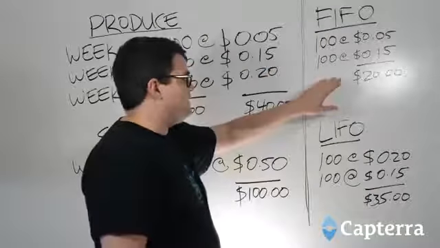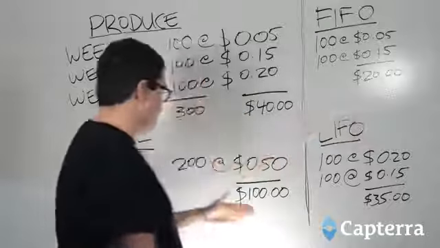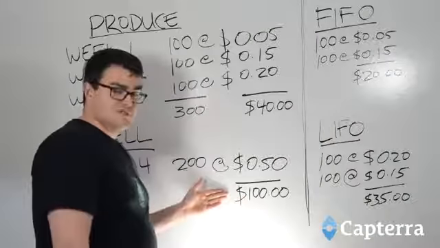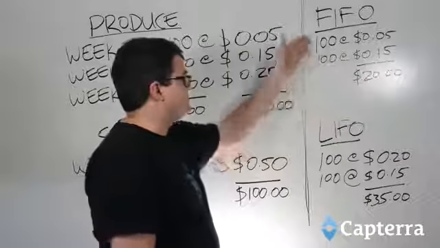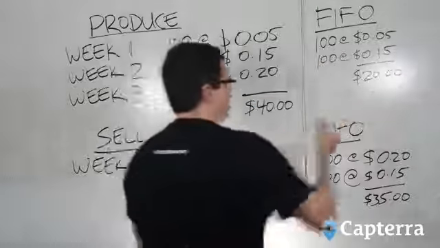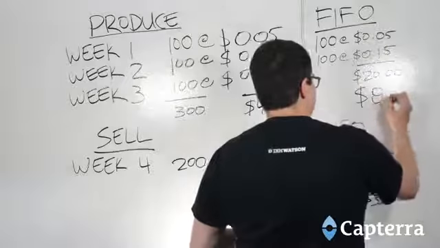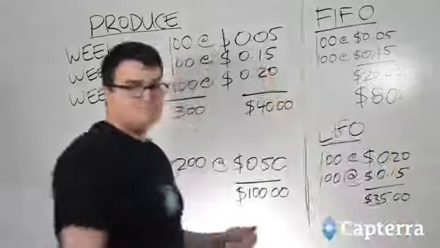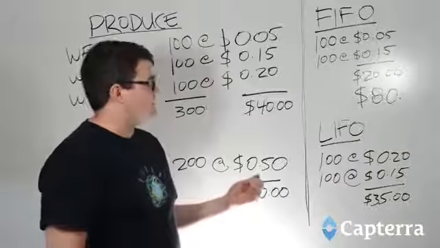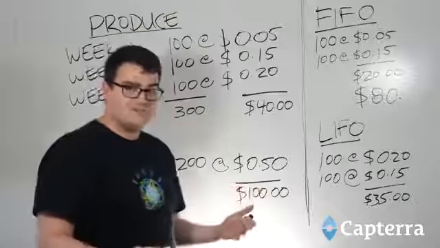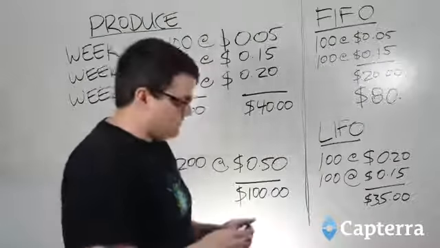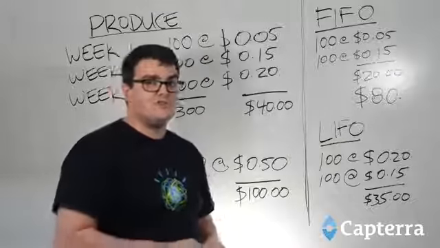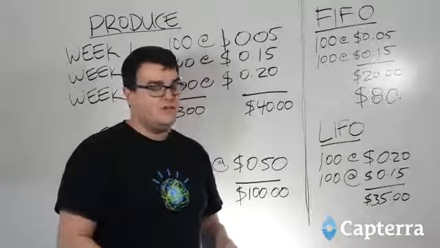As a result, we've made $80 in profit, right? Because we made $100 off the sale, and it cost us $20 worth of inventory to make that sale of 200 balls. Which is great. This is a very popular and straightforward way of doing things. You imagine the first things you make are the first things you're going to sell. And actually throughout most of the world, this is the way that inventory has to be managed.